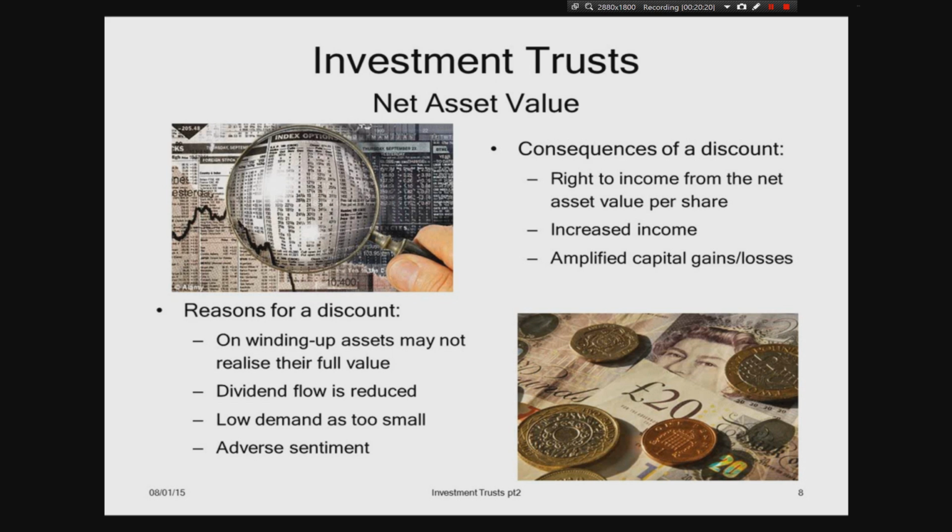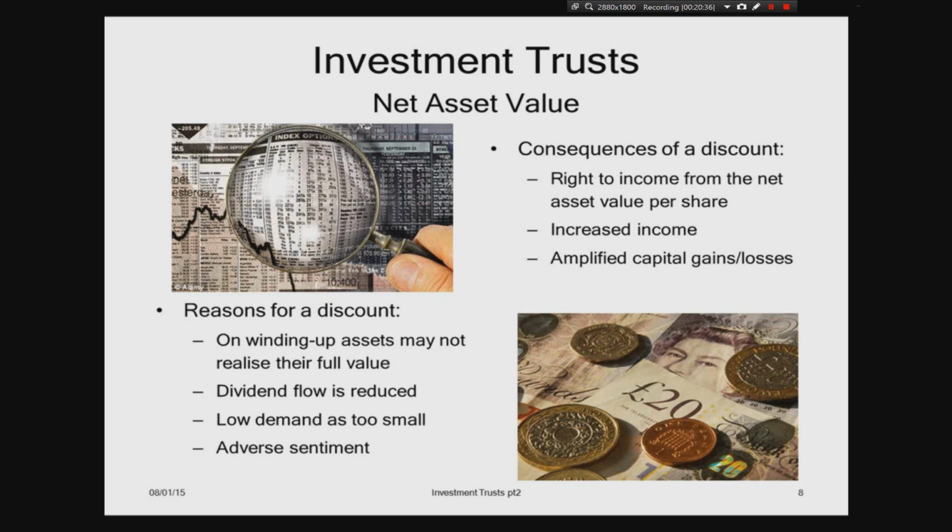So again, if they have high costs, someone's got to pay for those costs, and those costs are obviously going to come out of profits, thereby affecting dividend payments, especially as we'll see for income shareholders.